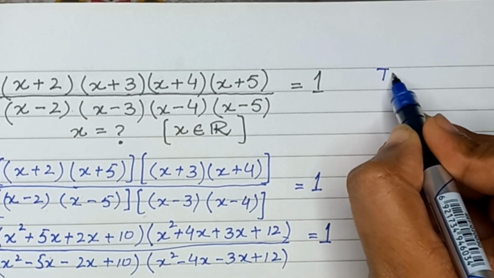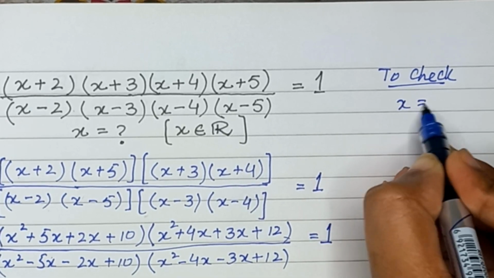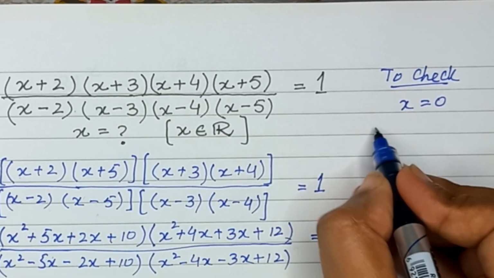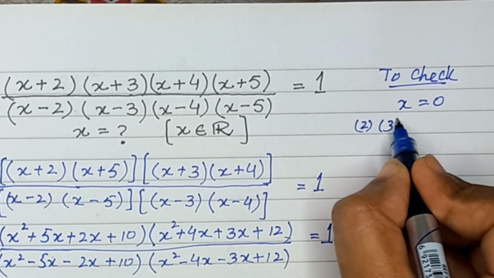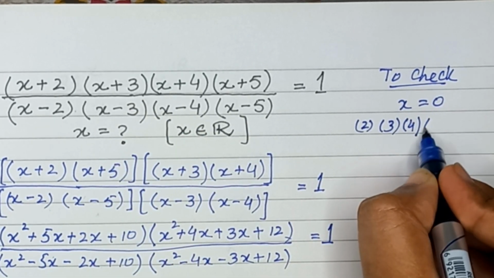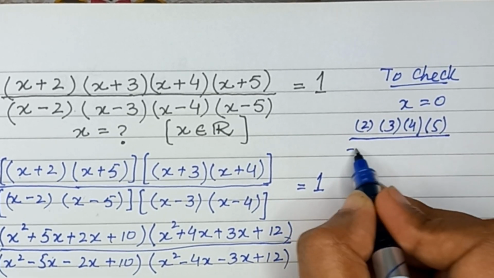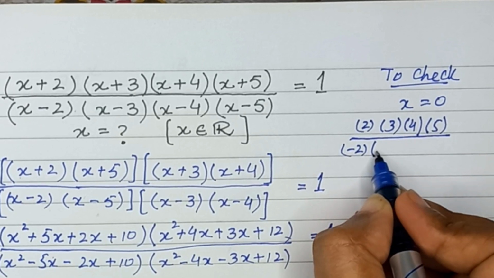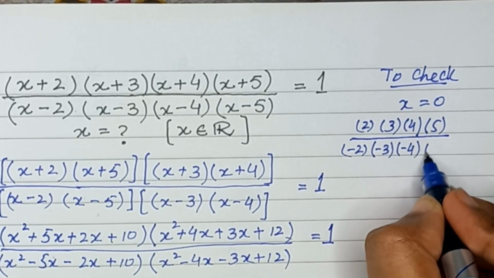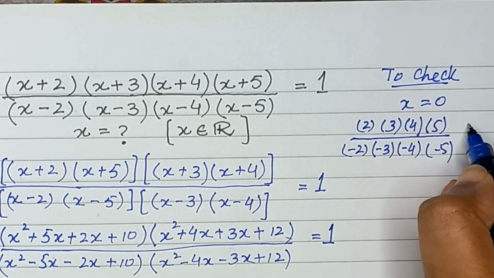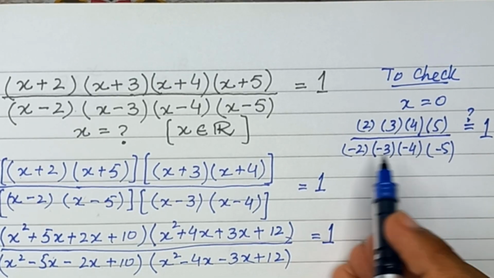To check for x equal to 0: 0 plus 2 is 2, 0 plus 3 is 3, 0 plus 4 is 4, 0 plus 5 is 5, 0 minus 2 is minus 2, 0 minus 3 is minus 3, 0 minus 4 is minus 4, 0 minus 5 is minus 5, and we have to check whether it will be equal to 1 or not.